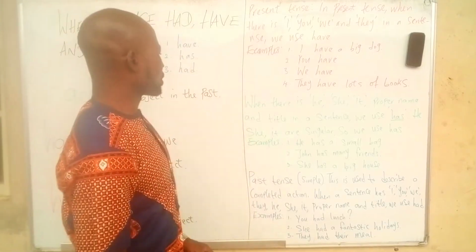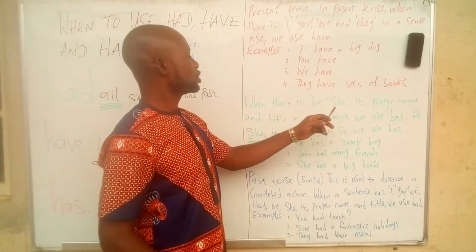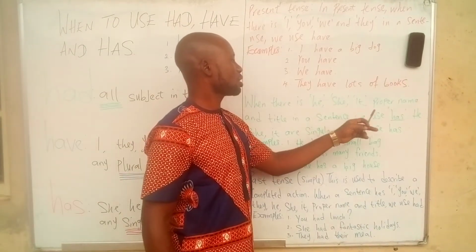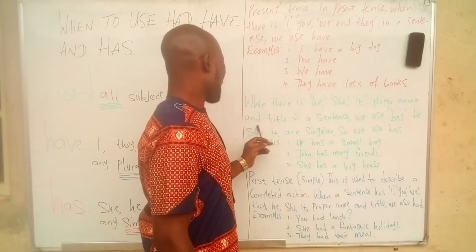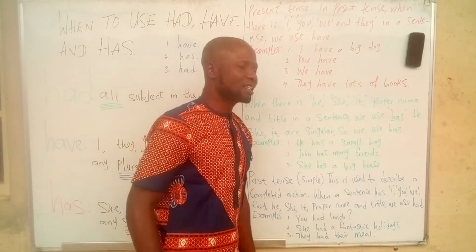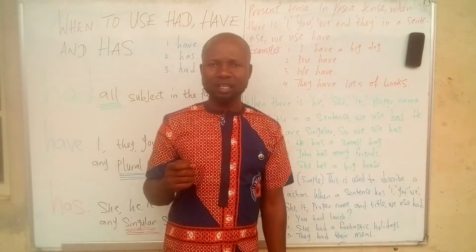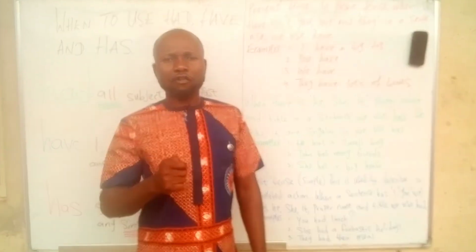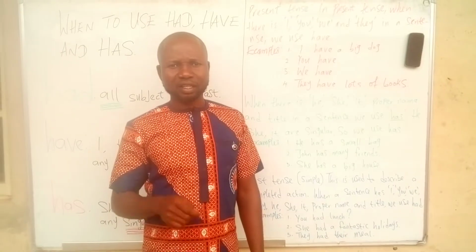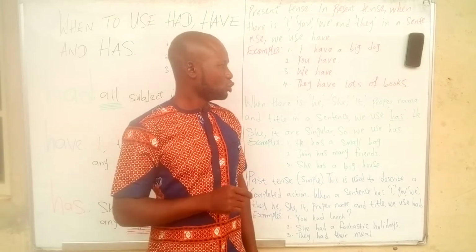So second to the last in my examples, you say when there is he, she, it, proper name and title in a sentence, we use has. Yes. Well, what do we mean by this proper name? Any name of a human being is a proper noun. Therefore, we use what?